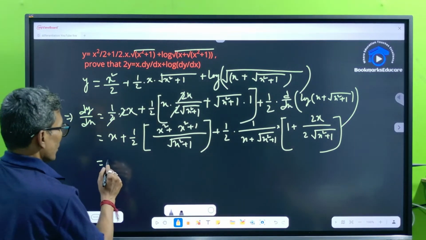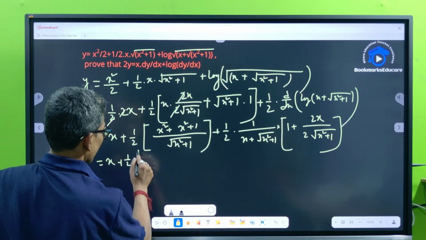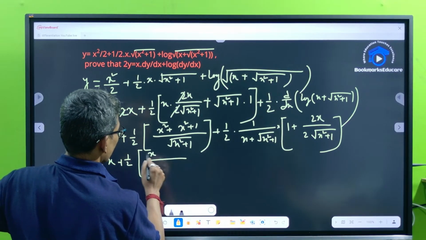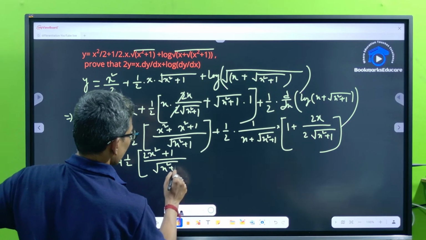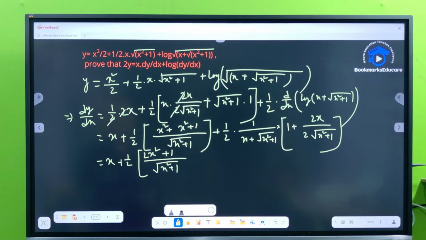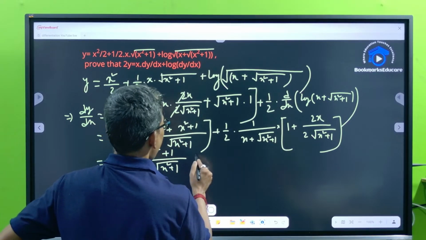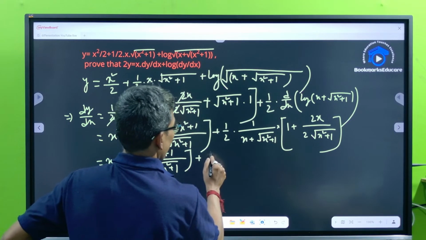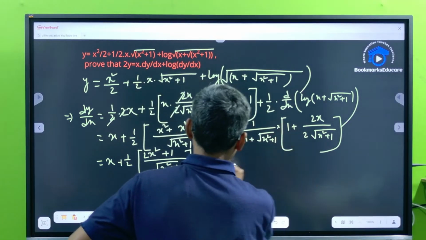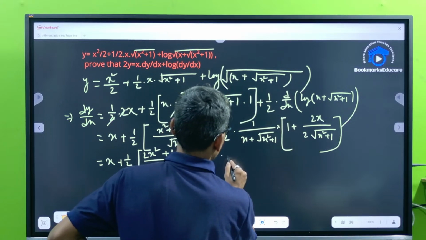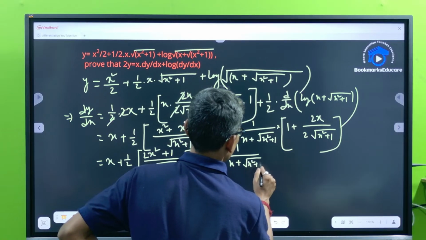So x plus half into 2x square plus 1 by root over of x square plus 1 plus half into 1 by x plus x root over of x square plus 1.